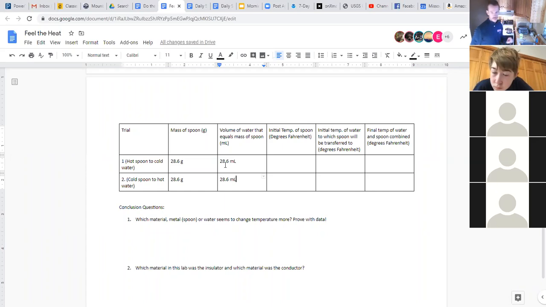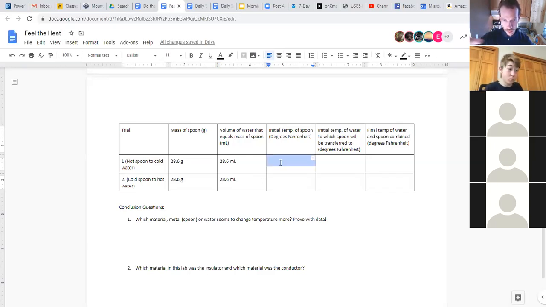I'm going to make the assumption that the spoon, there's a spoon in this water here, which is boiling water, has become the same temperature as the water. And boiling water here at 3,000 feet of elevation in Missoula has a temperature of 205 degrees Fahrenheit. So we're going to just say that the spoon has also become 205 degrees Fahrenheit.